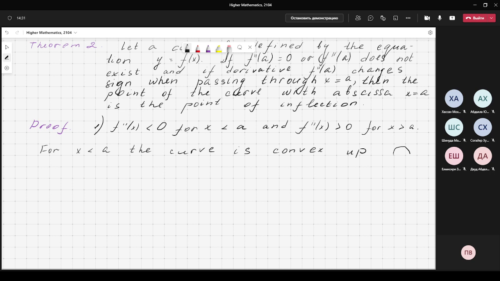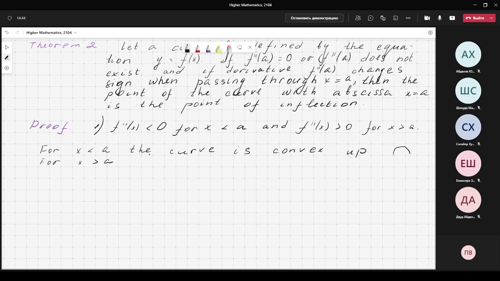And for x greater than a, our curve is convex down.